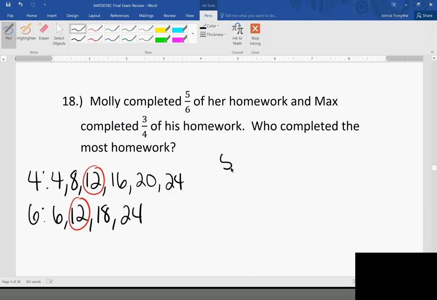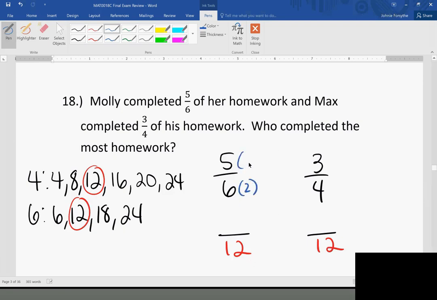So let's convert 5/6 and 3/4 to be fractions with a common denominator of 12. How do we do that? Well, 6 times 2 equals 12, so I'm going to multiply the top by 2 as well. So 5/6 is equivalent to 10/12. And then down here, 4 times 3 equals 12, so I'm going to multiply the top by 3 as well. So 3/4 is equivalent to 9/12.